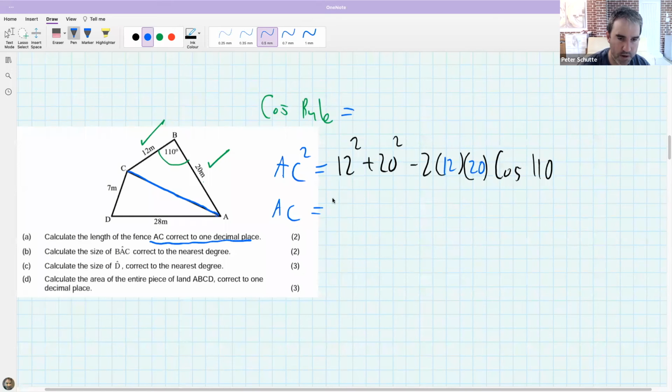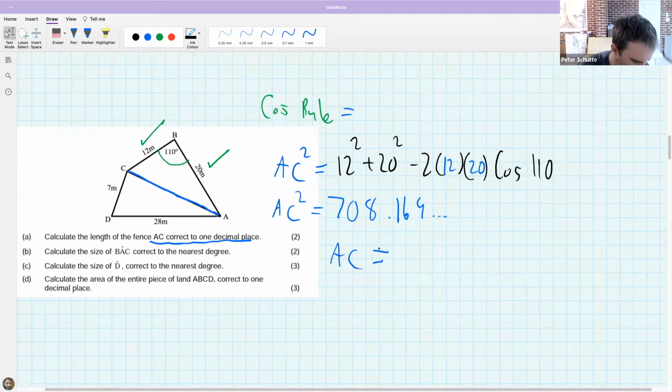Okay, so I use my answer key and I get somewhere around 708.169. And then for AC, I'm just going to get the square root of that. And we should be getting 26.61. We'll round to two decimal places here, meters.